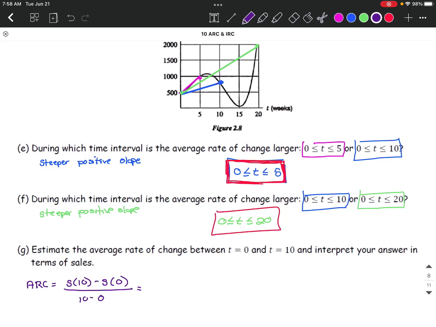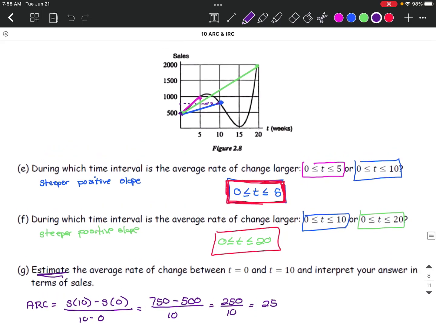So at time 10, it looks like about 750 in sales. It's an estimate, so as long as you're close, we have similar answers. I'm more worried about the process right now than the actual answer. And S of 0 looks like it started right there at 500. Over 10 minus 0 is 10. So this is 250 over 10. So that's 25. Now don't forget your units.